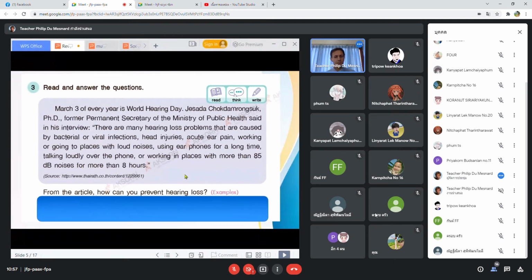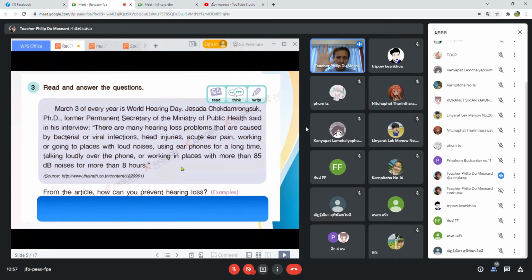Okay, so this is a doctor who knows about hearing. And the doctor says, here are some things that can be a problem for your hearing. The first one is if you get sick. So bacteria and viruses is something that can make you sick, and especially your ears. Okay. Head injuries.